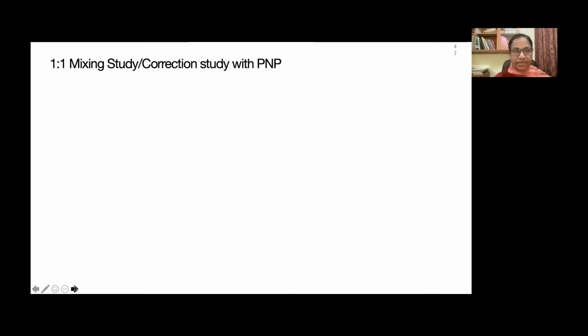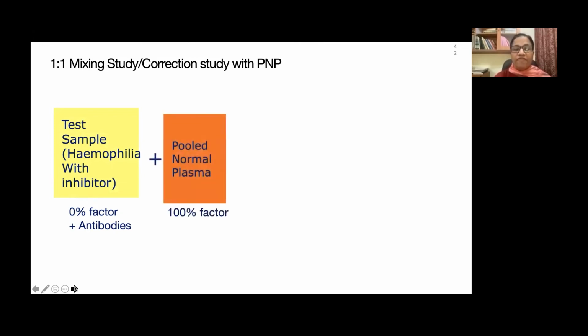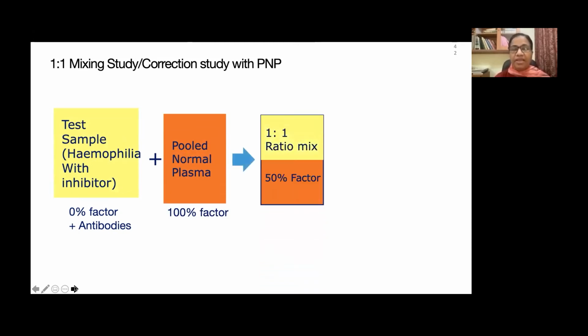And how will you detect? I have already mentioned that in the hemophiliac patient, if you mix the blood with the normal patient's blood, the APTT will get corrected in hemophilia. But when there is an inhibitor, what happens? Take a test sample with 0% factor, a severe hemophilia patient with inhibitor, with antibodies. When we mix it with PNP, that is pooled normal plasma, which contains 100% factor, in a 1:1 mix, this is the principle of the test in case of inhibitors.